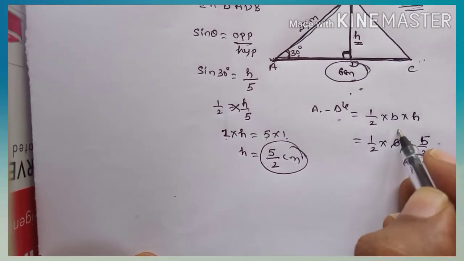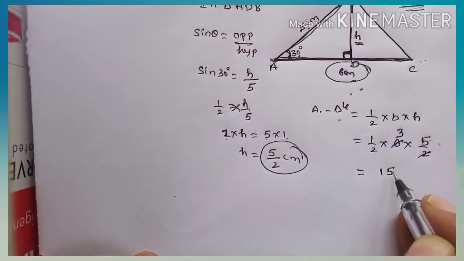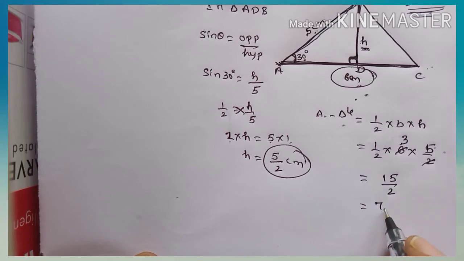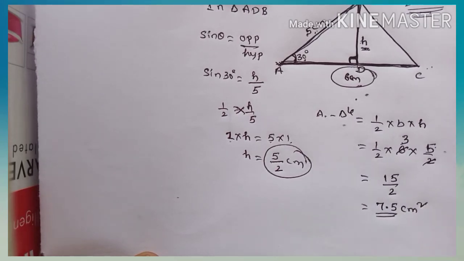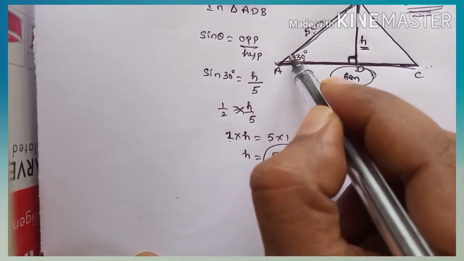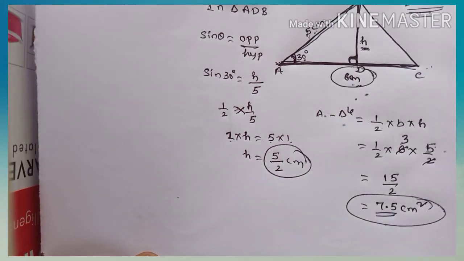So 2 ones are 2, 2 threes are 6, so 3 fives are 15 by 2. 15 by 2, if you divide, the result is equal to 7.5 centimeter square, which is the area of a triangle whose base is 6 centimeters and which makes an angle of 30 degrees with a side of 5 centimeters.